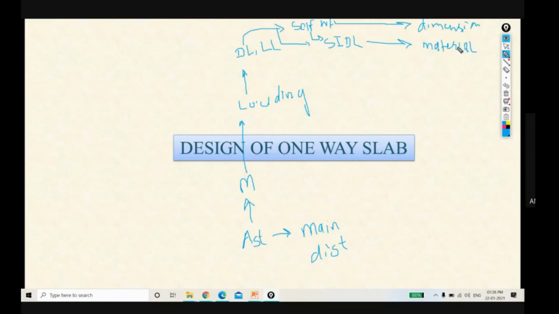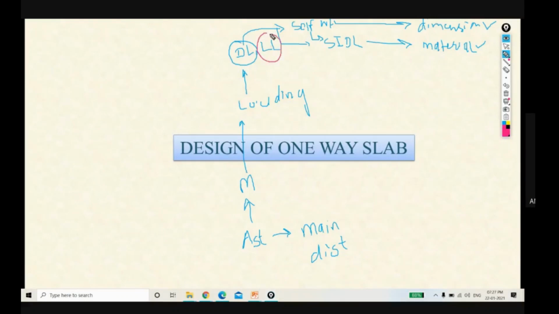While designing the slab, we have to go through this path. First we have to decide the dimension of our slab, then we have to focus on which type of material we are using for the particular slab as a floor finish. Then as per these two points, we will conclude the actual dead load coming on our slab, correct?